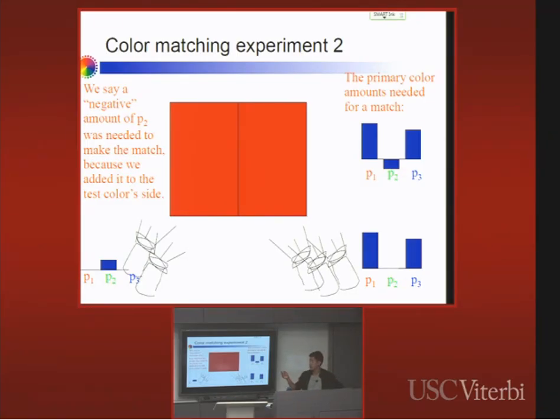Adding something on the left side is actually equivalent to subtracting the same amount of green on the right side. So by using this method, we can come up with the final primary color, which is the one we have over here, which has positive red, positive blue, and negative green.